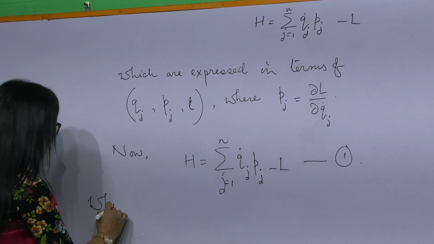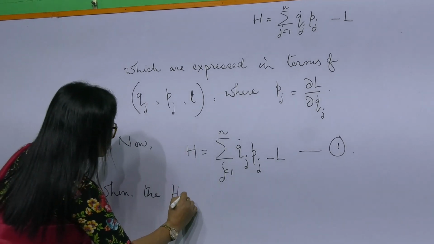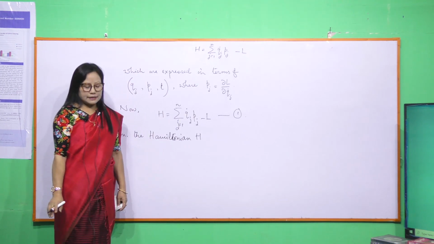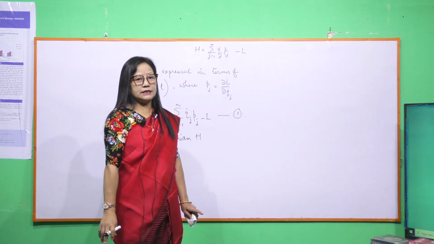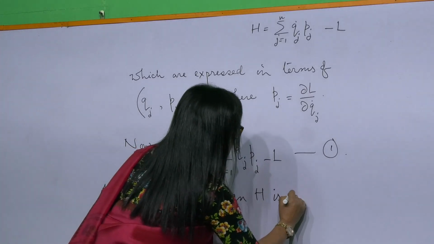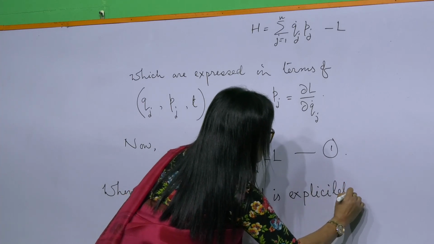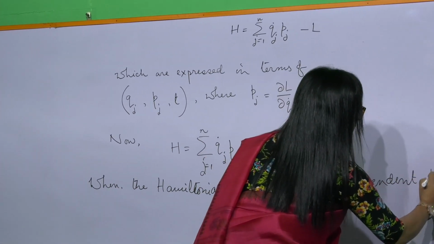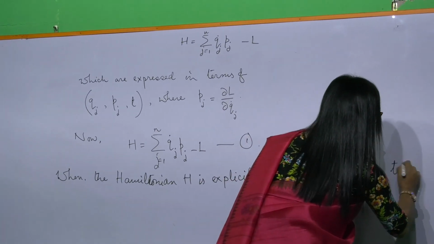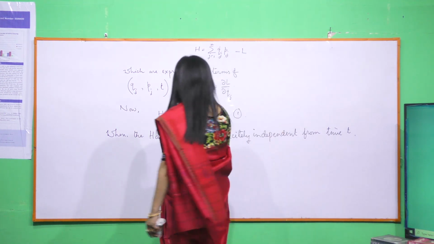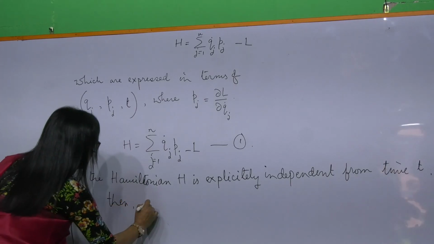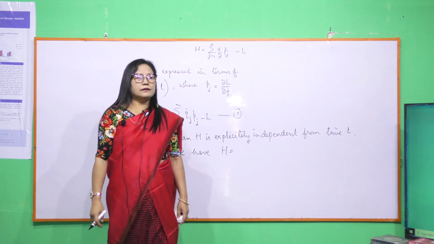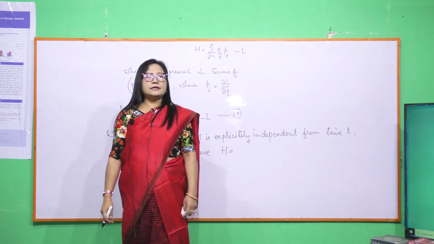When the Hamiltonian H is explicitly independent of time t, then H reduces to a function of only the generalized coordinate qj and the generalized momentum pj.